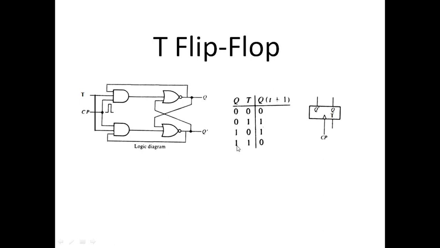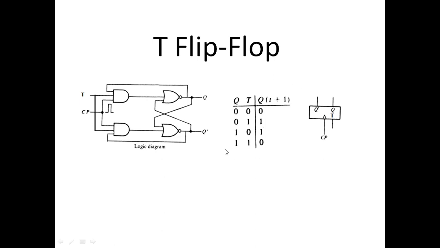When the current state is 1 and we provide 1 here, we get 1, 1 here, and Q is equal to 1, so all the inputs of this AND gate are 1, so we get 1 here. But we get 0 here. Why? Because Q prime is 0. So 0 at the S input and 1 at the R input will reset the flip-flop.